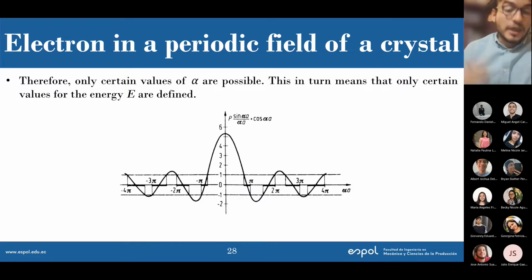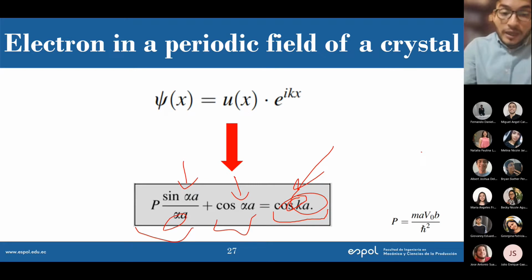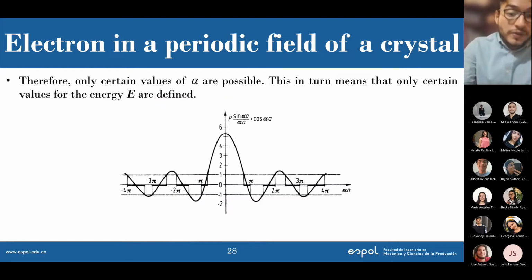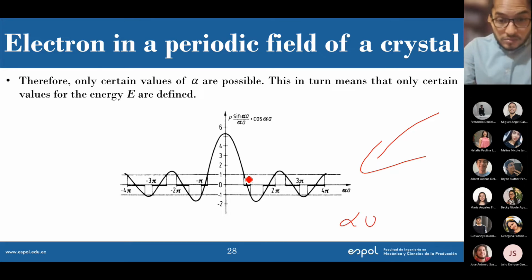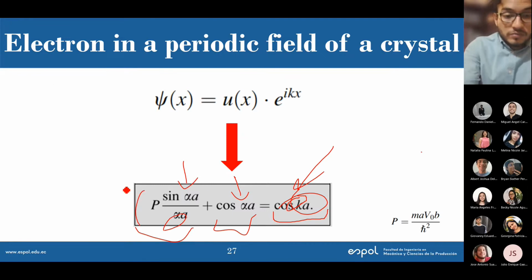Therefore, again, we can plot that function, right? It will be something like this. You can plot alpha times a versus P sine alpha a over alpha a plus cosine alpha a, versus that.